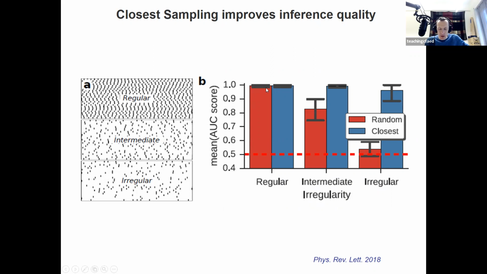If you, on the other hand, have many data and take only the closest points, then you can still do that. You get more variation here because you have less quality data in some sense, but you still get reasonable performance even for very irregular patterns. It still comes with a lot of caveats. And here, really a lot of data go in to get this quality.